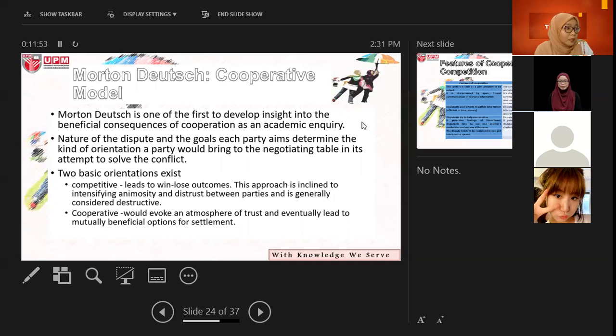The nature of the disputes and the goals each party aims for determine the kind of orientation a party would bring to the negotiating table in its attempt to solve the conflict. Okay, so now we use the second and third views of conflict. We are not using the first traditional view of conflict in which the conflict should be avoided.